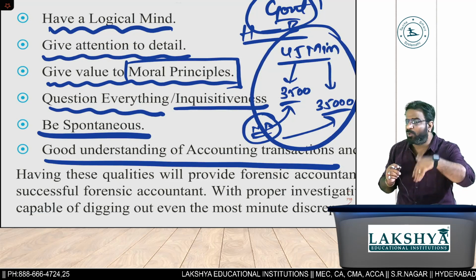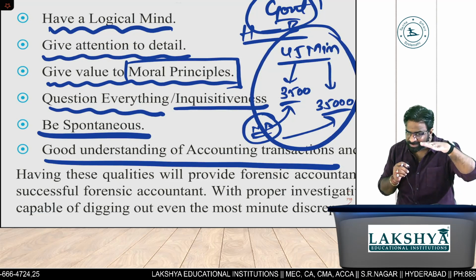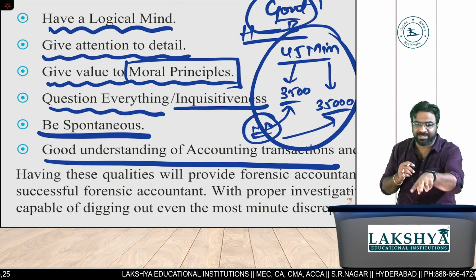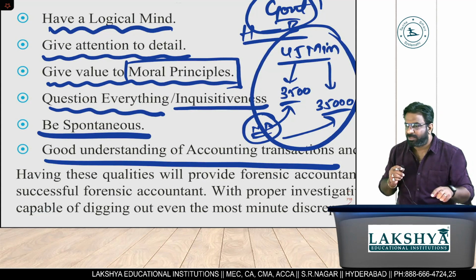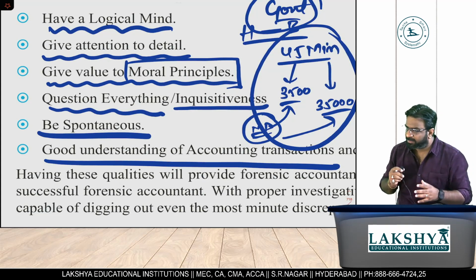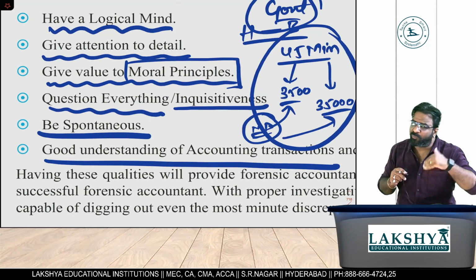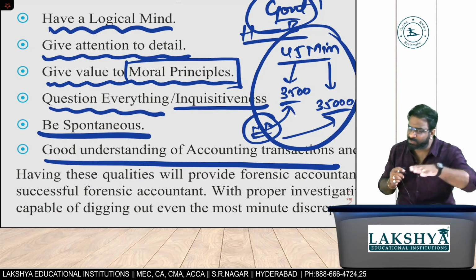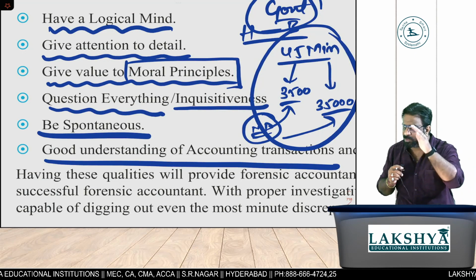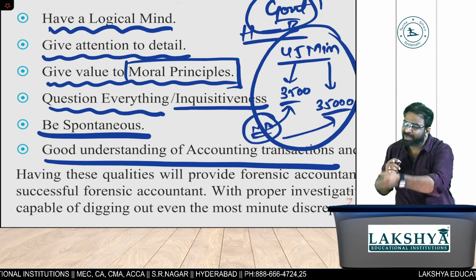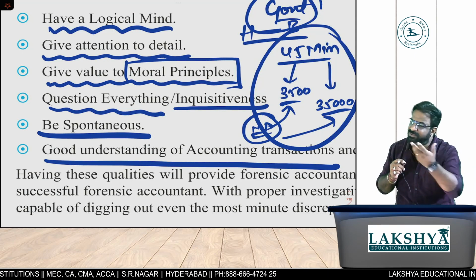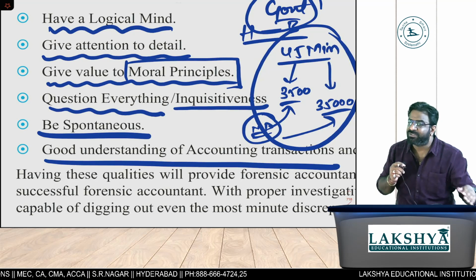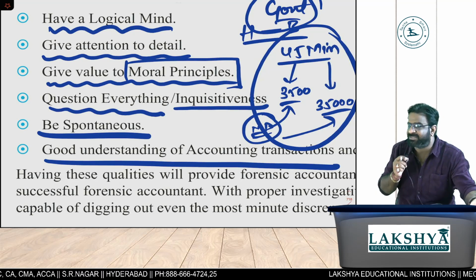By overvaluing the opening stock, you want to decrease the profit. What is the reason for both? Taxes. Yes, if you overvalue the opening stock, you want to reduce the profits. Obviously, you would like to reduce what? Taxes. Why would you like to overvalue your closing stock? Yes, to attract loans and advances.